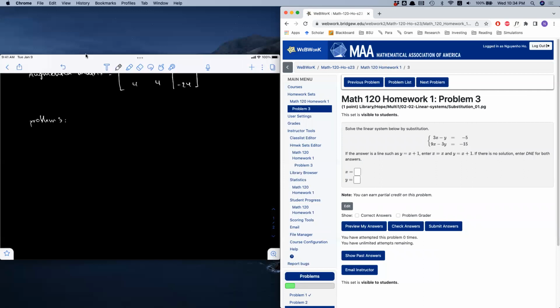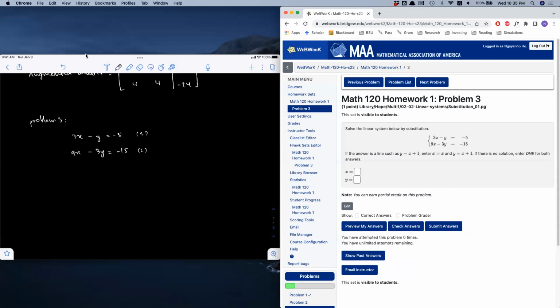In this problem, again, you have two equations: 3x minus y equal to -5, and 9x minus 3y equal to -15. I named these equation 1 and equation 2.